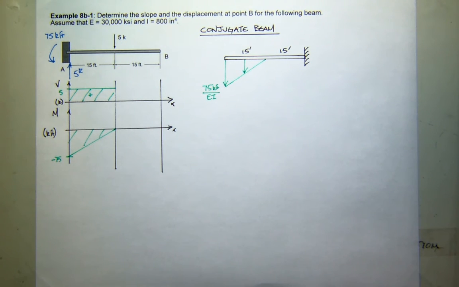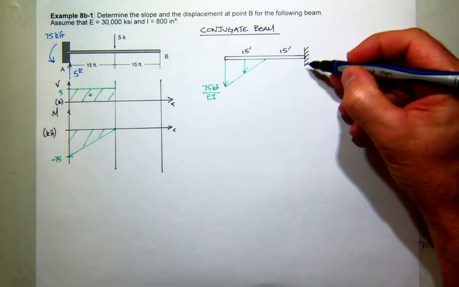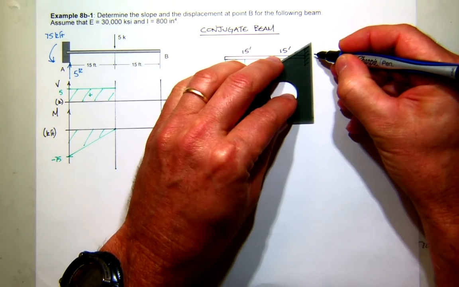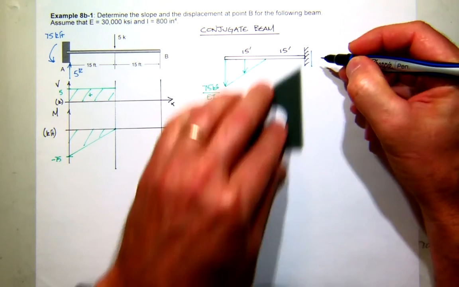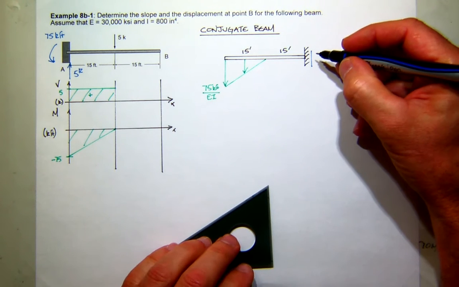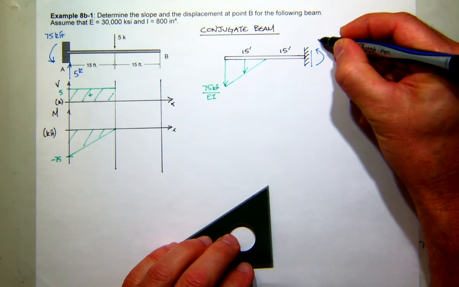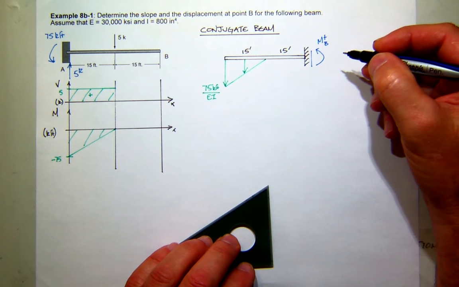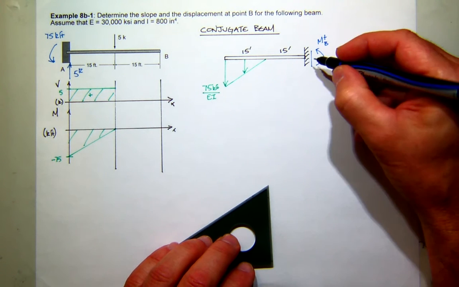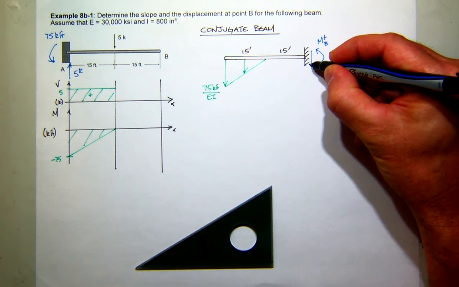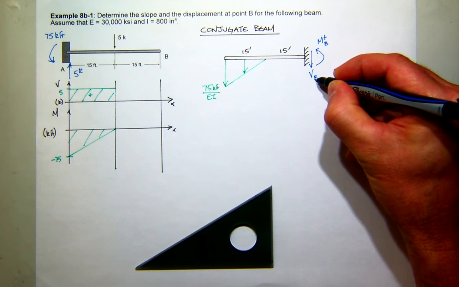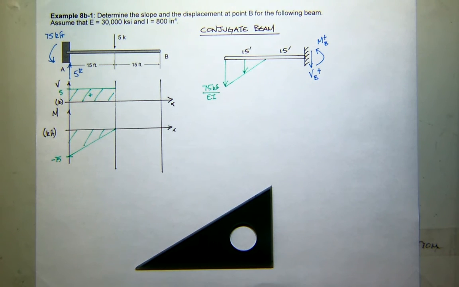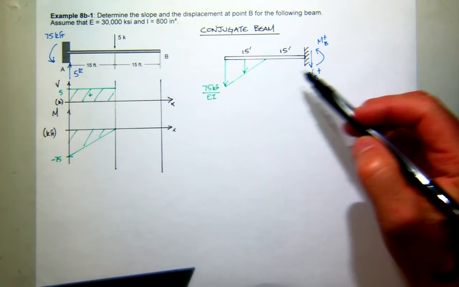So you'll see that in this particular case, at B, I will draw positive bending moment and positive shear force. You see that? All I have to do is solve for those. How do I do that? Just write the equations of equilibrium for this structure.